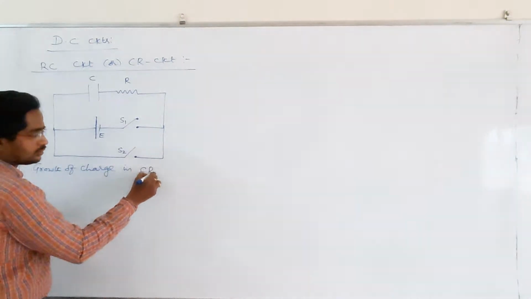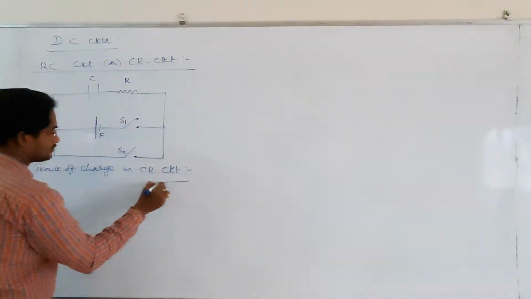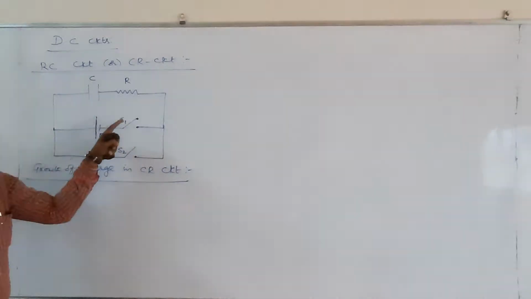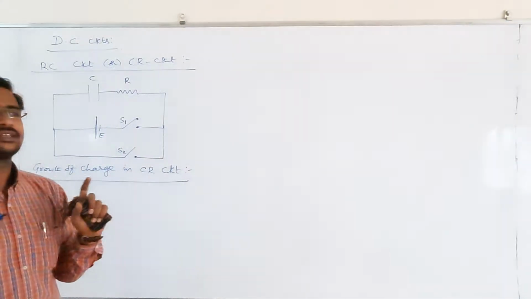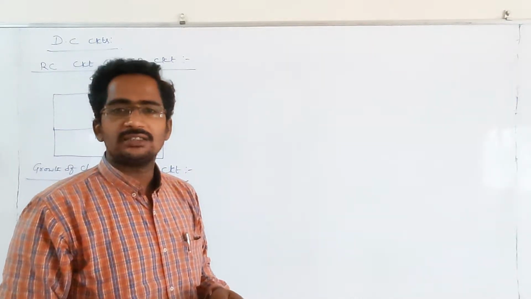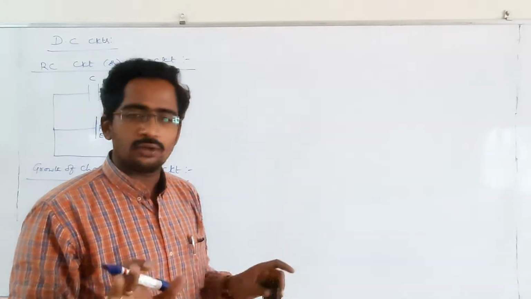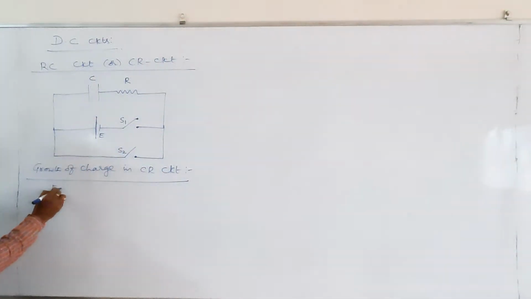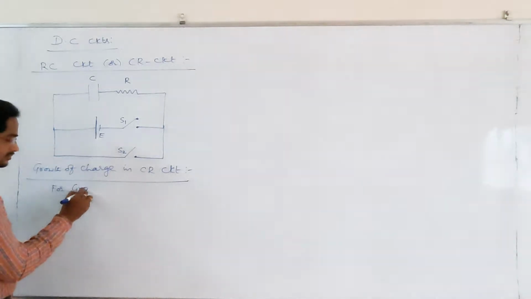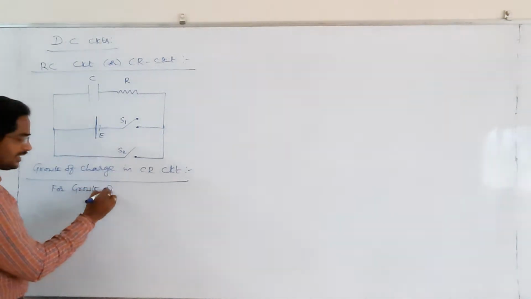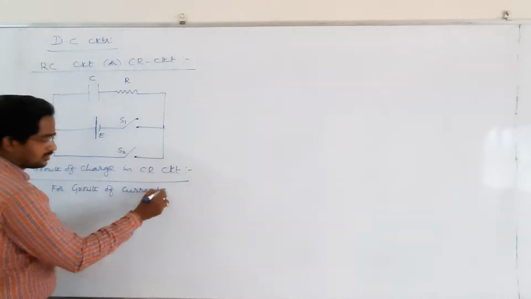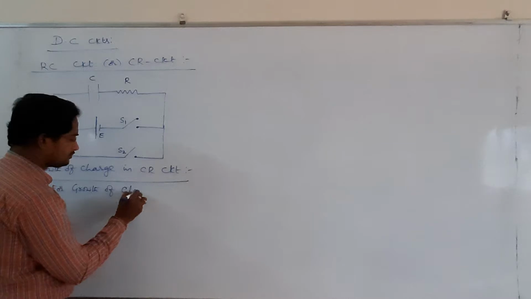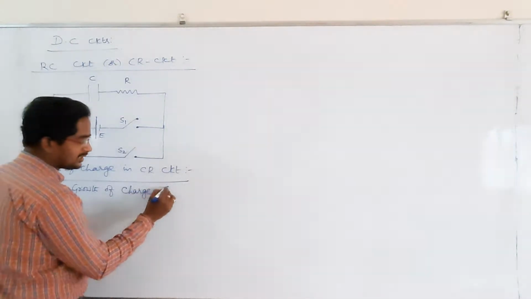In CR circuits, for the growth of charge, S1 and S2 are in open state. That means the charge stored in the capacitor is 0. But now, for the growth of charge, close S1.